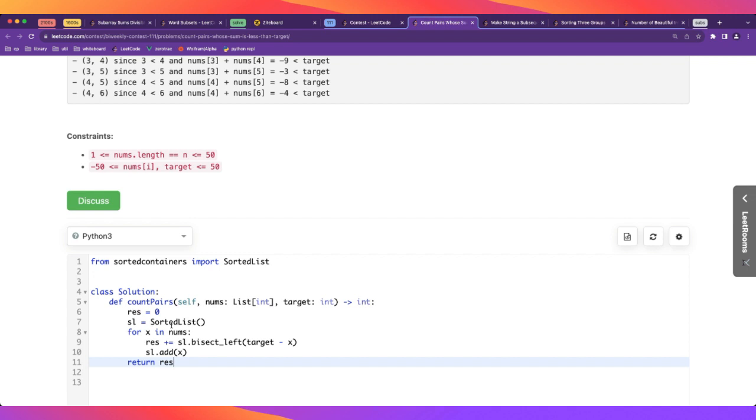I'm mentioning this so that you can understand the pattern and solve more problems, not only the specific two-sum or counting the pairs whose sum is less than some target, and so on.